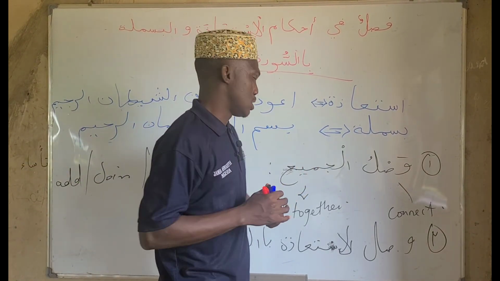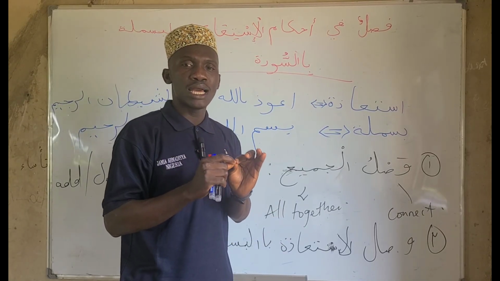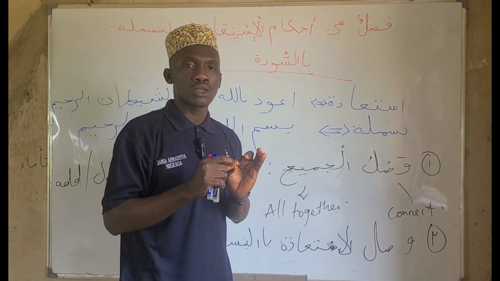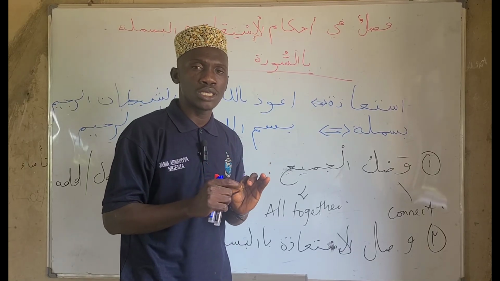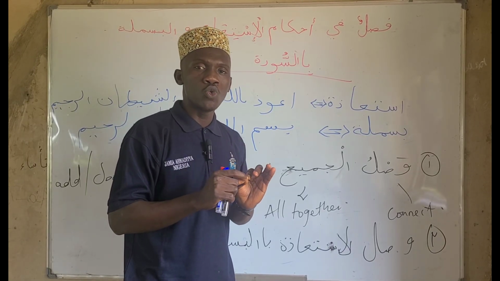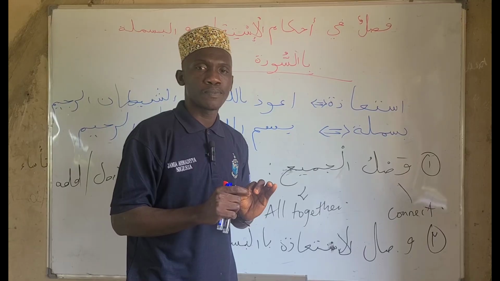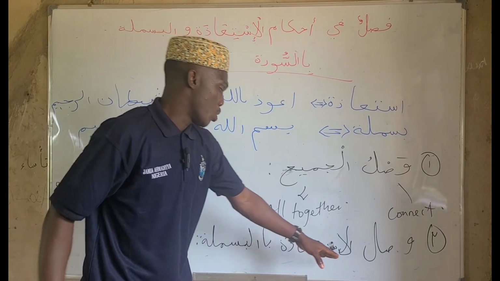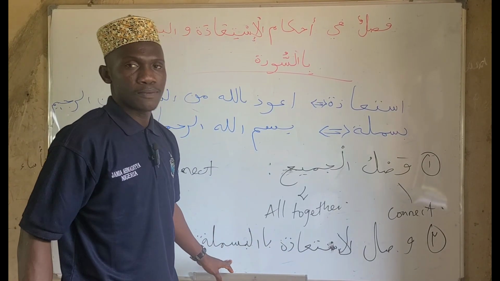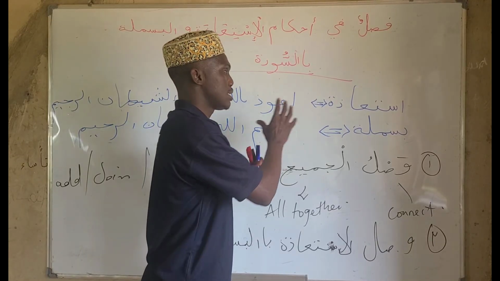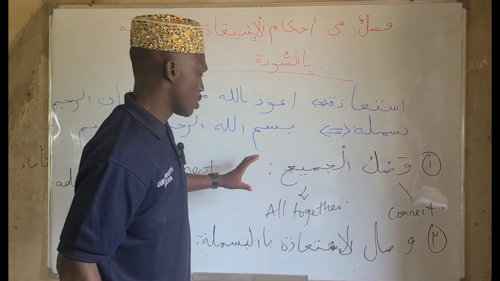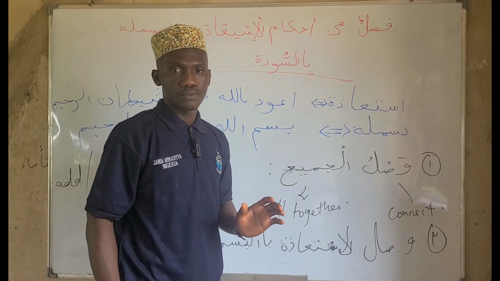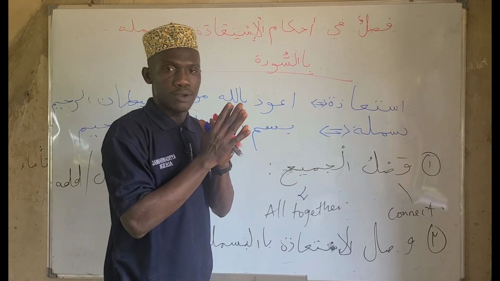The example of this is: أعوذ بالله من الشيطان الرجيم بسم الله الرحمن الرحيم، قل هو الله أحد. You join Isti'ādhah together with Basmalah, and you read the last verse separately, unlike the first where you join everything together.